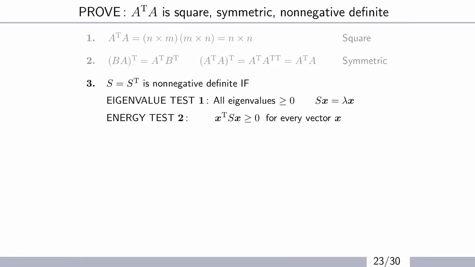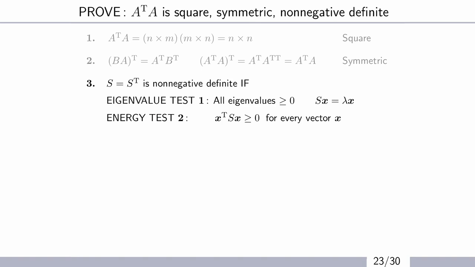I was saying certain matrices are important, but these are the winners. They're symmetric matrices. If I want beautiful matrices, make them symmetric and make the eigenvalues positive, or non-negative, which allows 0.